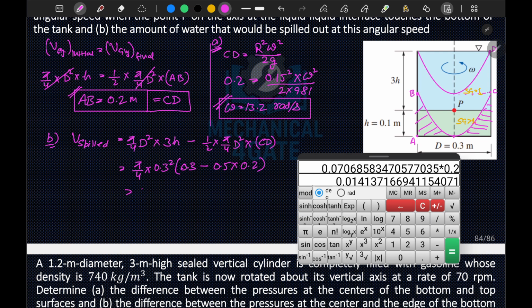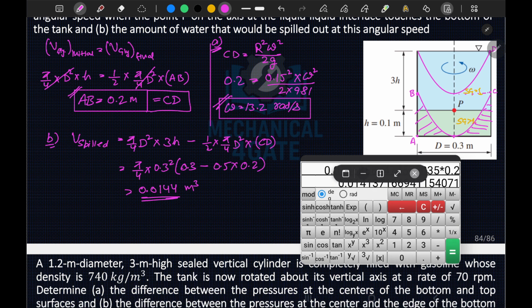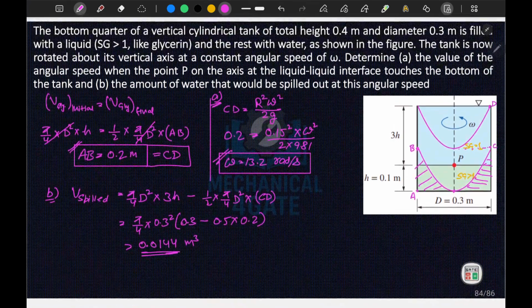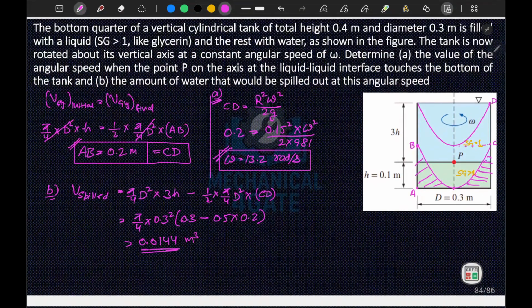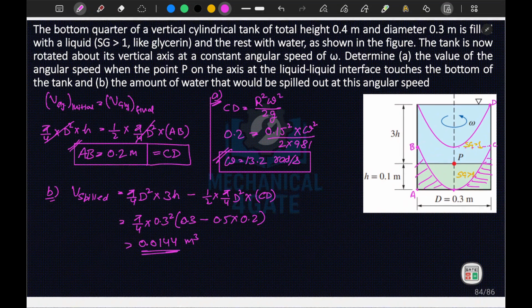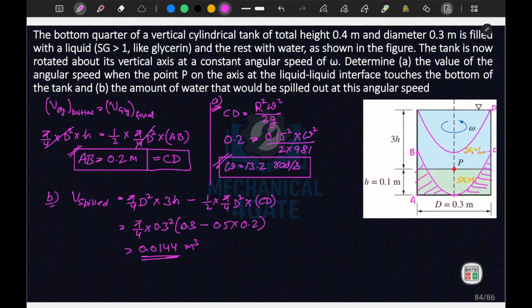So your volume of water spilled is 0.0144 meter cube. So these are the two parts which were asked here. I hope you get the solution. Now let's move to the next question.